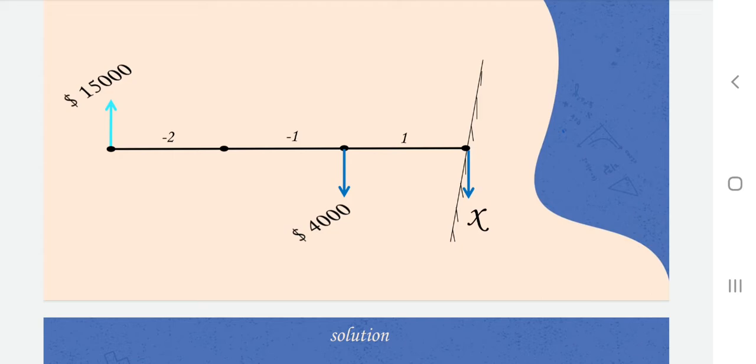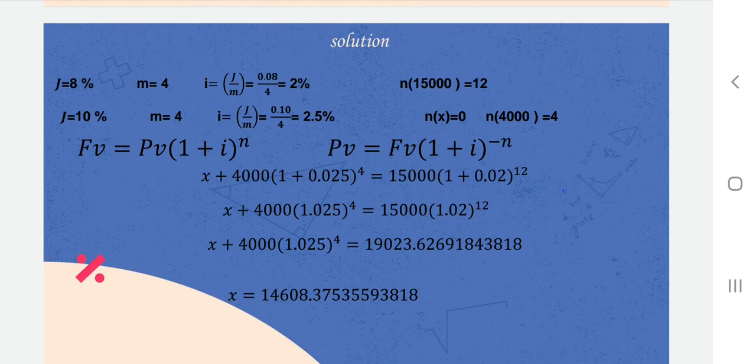Then the amount of old obligations, $15,000, equals the amount of new obligations, 4,000 and X. And the main formula, SO1 or SO equals SN1 plus X. Solution, by substituting J equals 8%, M equals 4, so I equals 8% over 4 equals 2%. M for $15,000 equals 12.